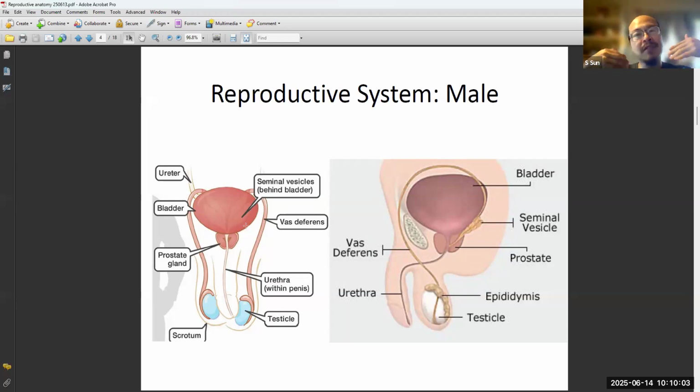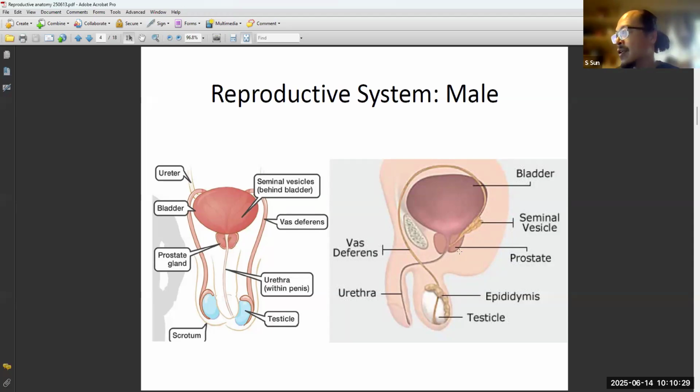The seminal vesicles provide some fluid, some support for the sperm. These two tubes will then enter together into one, into the urethra, and then it will pass through another gland.